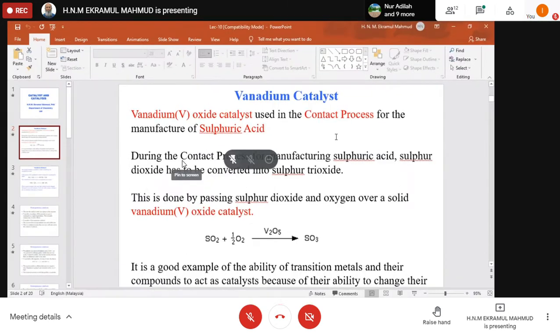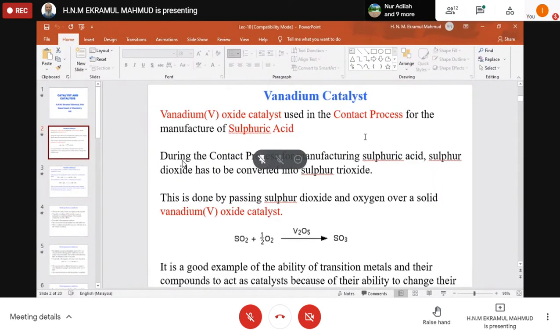Sulfuric acid itself can be used as a catalyst for other cases. Now, during the contact process we are producing sulfuric acid as a product, but this sulfuric acid itself can be used as a catalyst for other reactions.